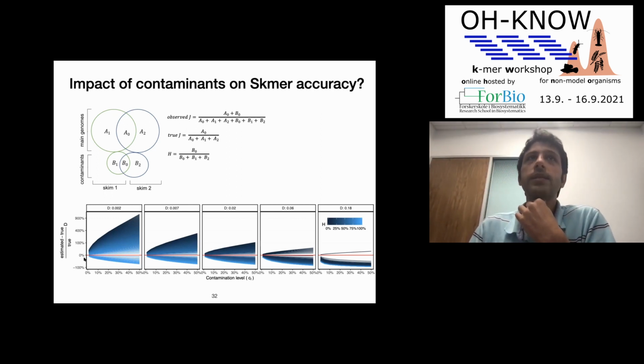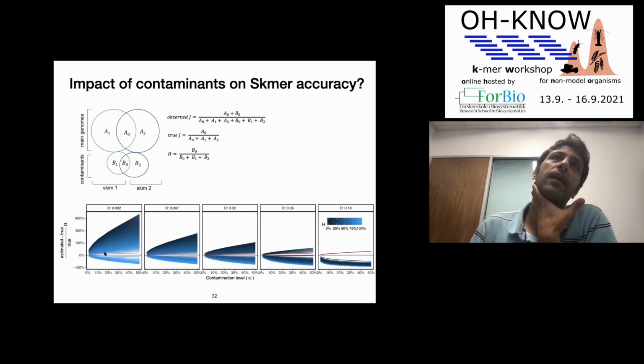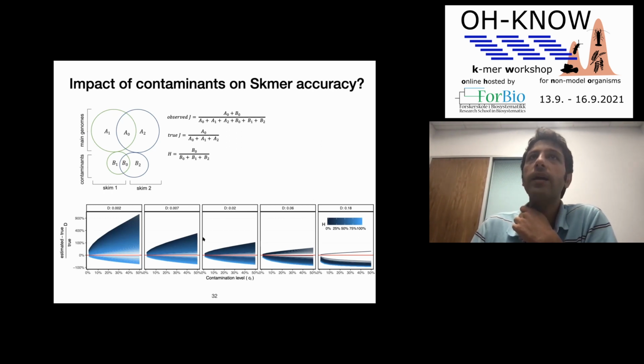Okay, so what do we see? What we see is that if your distance is large enough, let's say 2% or higher in these scenarios, and if your contamination level is low, let's say 20% or lower, these errors in estimation are not super high.